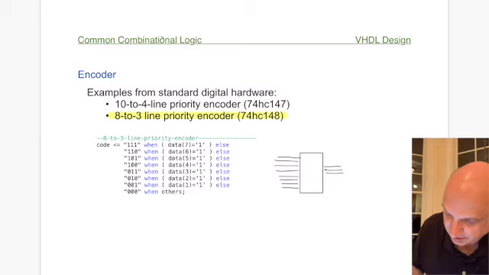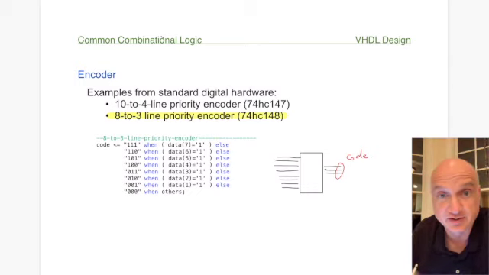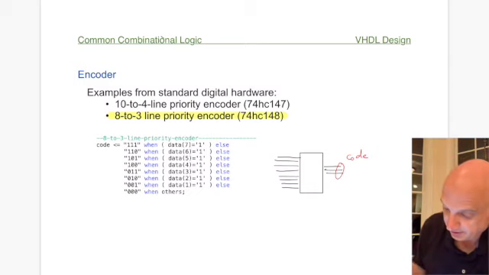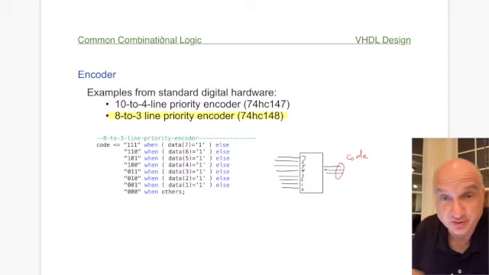Now the output lines are going to represent a code, and it just so happens to have the signal name code. And then the inputs are independently numbered, just like before, from 0 to 7.